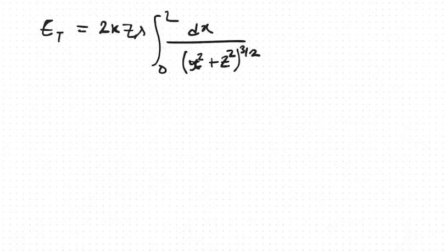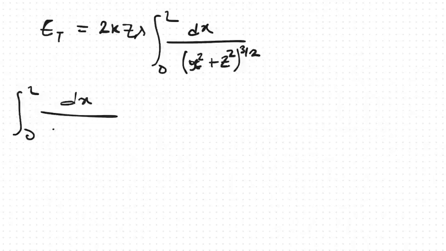To integrate this, let's consider this integral from 0 to L of dx divided by x squared plus z squared to the power 3 over 2.